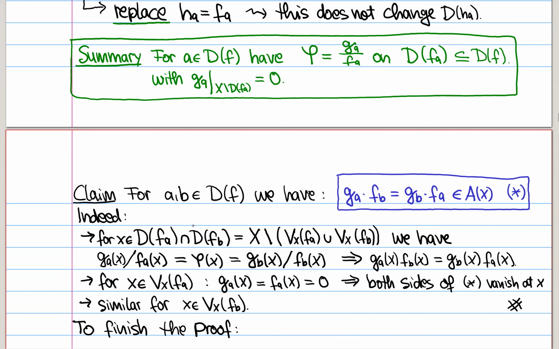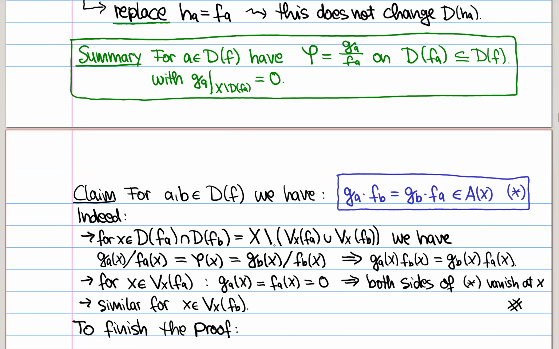Okay, how do we see this? We will check this equality of functions on X on some decomposition of X. We will check it separately for X in, first of all, this intersection, DFA intersected DFB, the locus where both of these things are non-zero.